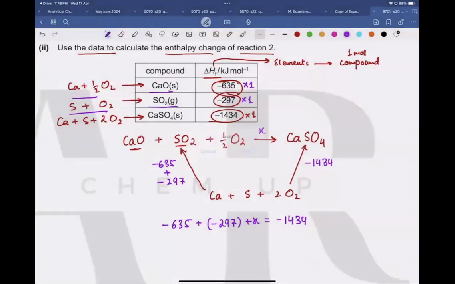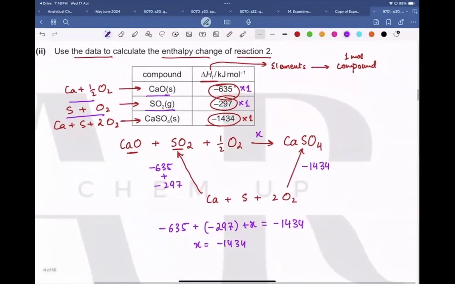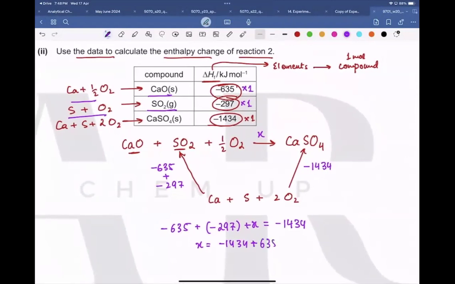So what I need to calculate is x. I will keep the x on one side and move all the other values to the other side. So minus 635 turns plus 635. Minus plus makes it minus. And then this minus 297 also turns into positive 297.